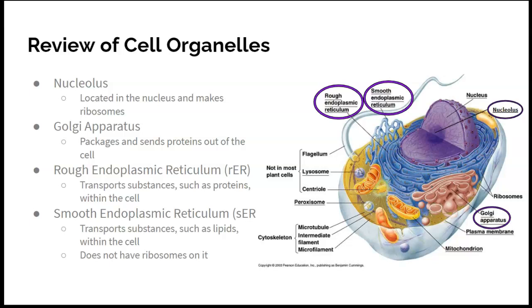The smooth, which does not have ribosomes on it, does not deal with proteins, and instead, it transports lipids in the cell. So the rough ER transports proteins and has ribosomes on it, and the smooth ER transports lipids and does not have ribosomes on it.